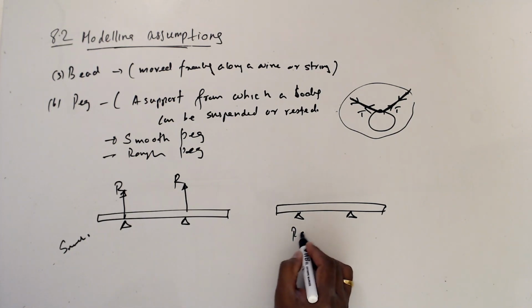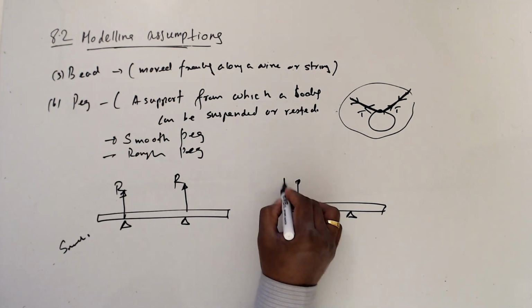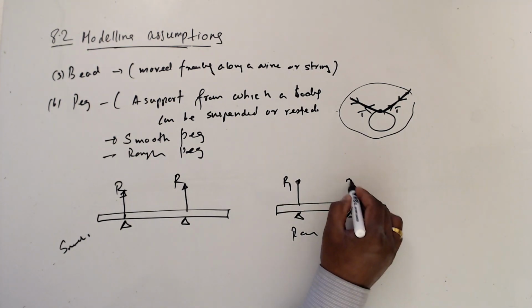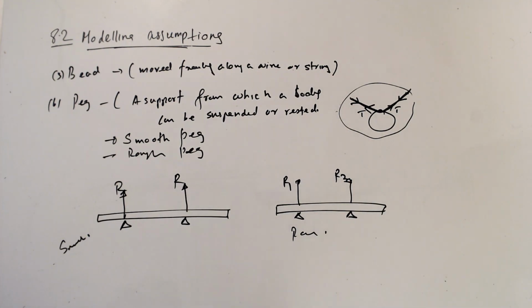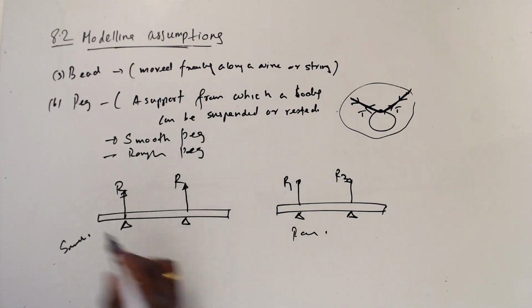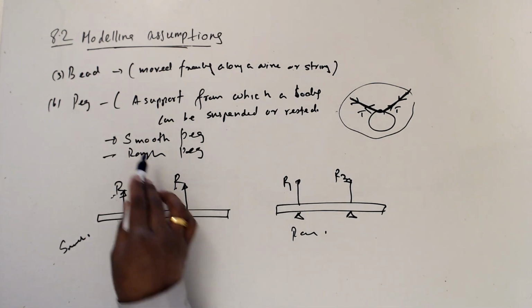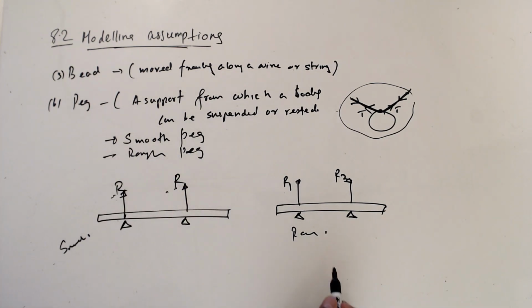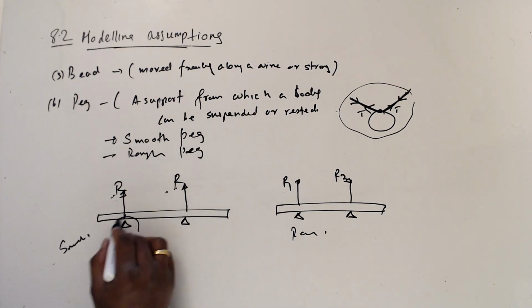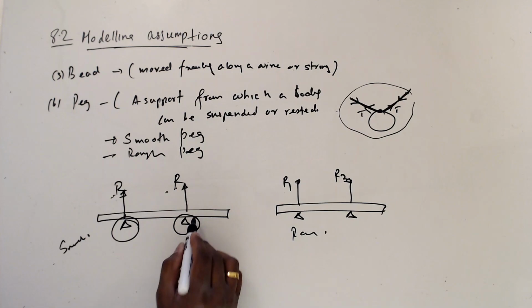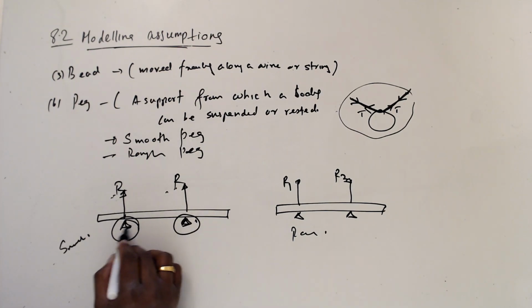If it is rough, then this is going to be R1 and this is R2. We have to mark them differently with different symbols. So with a smooth peg the two forces are the same, and that is the difference between a smooth peg and a rough peg. This is how we usually mark the peg, with a small triangle.